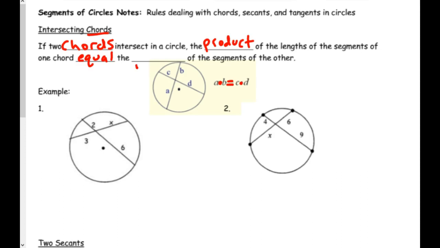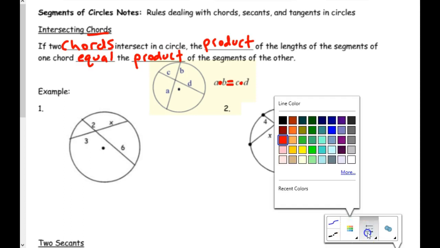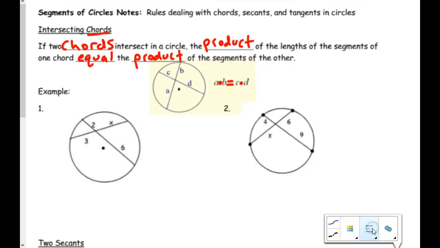And once again, the product of the segments of the other, okay? So, if you look at the picture right here, A times B, so this little part times this little part, equals C times D, this little part times this little part, okay? So that's the rule.